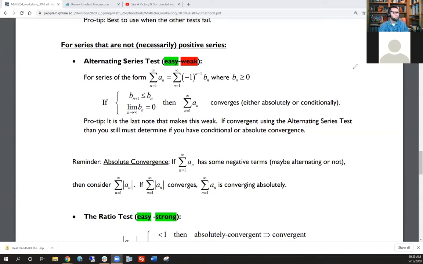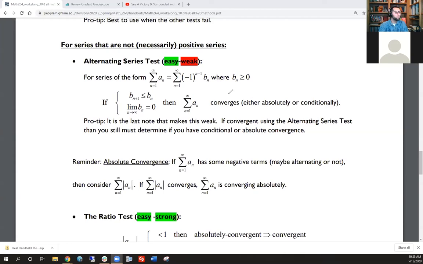It only works on alternating series. Well, okay, true. So maybe it has limited application. But suppose you have an alternating series and it works. What's still the issue you have? Doesn't it have to be non-increasing?